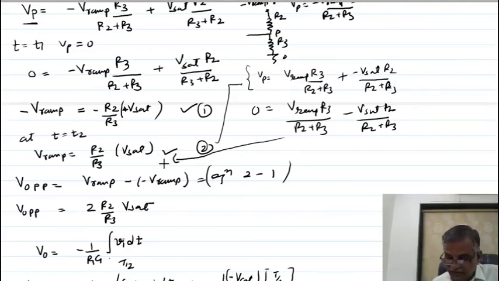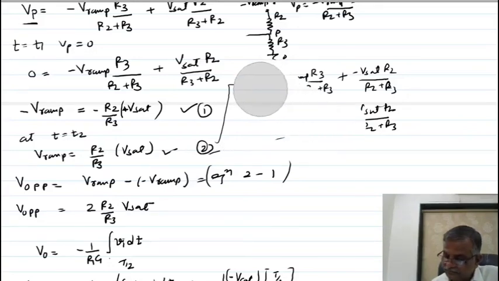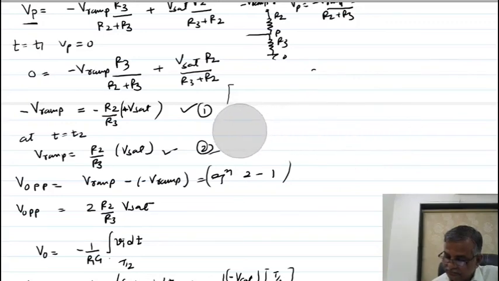Here I want to find minus V ramp, that's why I have kept a minus sign here. Here I want to find plus, so I can get this equation. I think you understand. So in this way you can find plus V ramp and minus V ramp. Then what I did, I found VO peak to peak, the difference of these two voltages, 2R2 by R3 V set.